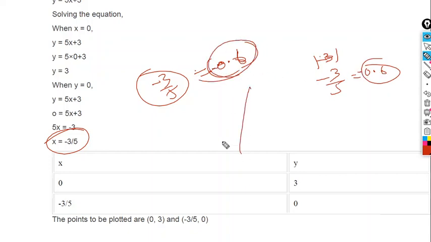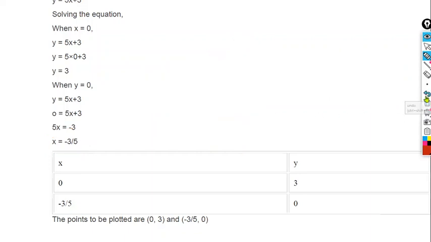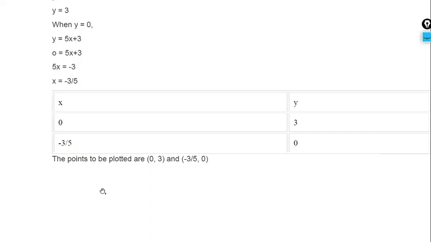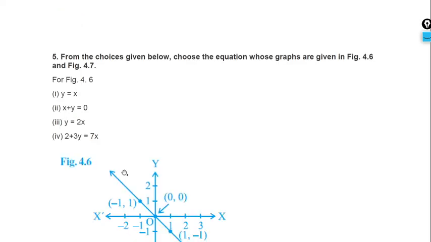On the axis, this is 0.1, the middle point will be minus 0.5, and here it will be minus 0.6, this point. Okay, in this way identify it. Now you try to draw this graph. If you could not do it, I will solve it and send it to you in the group.